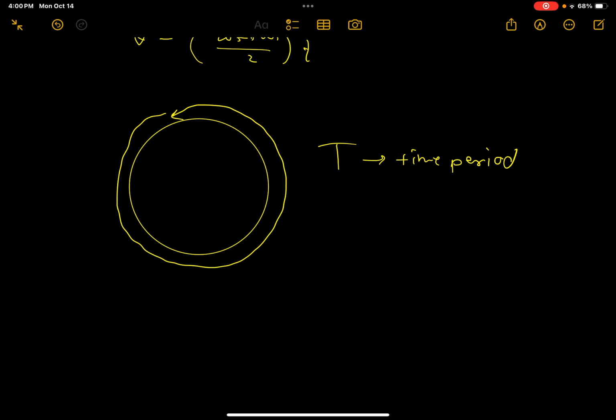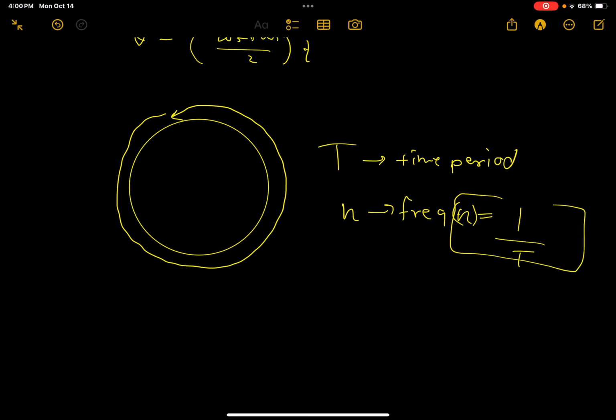And now there is frequency, which is n. In 1 second, how many rotations can you cover? That's just equal to 1 upon time period. Are you understanding? The frequency n is equal to 1 by T.